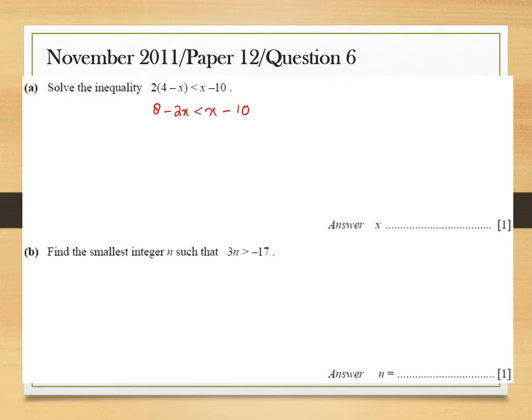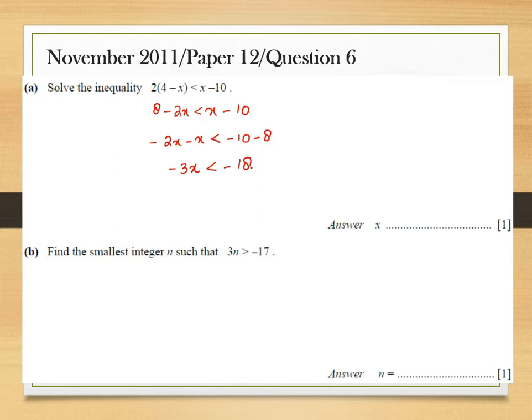Now if I shift x to the left hand side and 8 to the right hand side, it will be minus 2x minus x, less than minus 10 minus 8. So we get minus 3x less than minus 18.